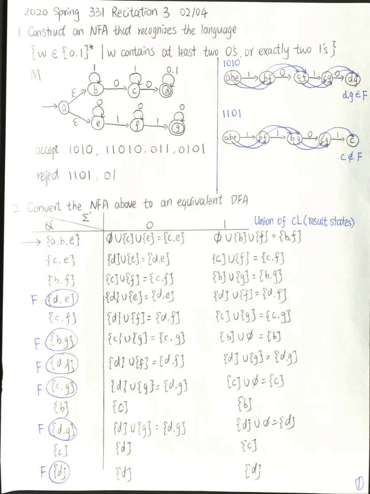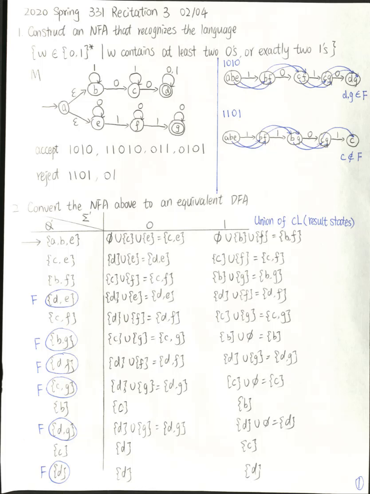Similarly, now I want to consider the symbol 1. From ABE, I want to check the resulting states by consuming this single 1, and then take the closure of those resulting states. So from A, I can reach nothing from 1 because there's no transition for 1. From B, I can reach B itself.